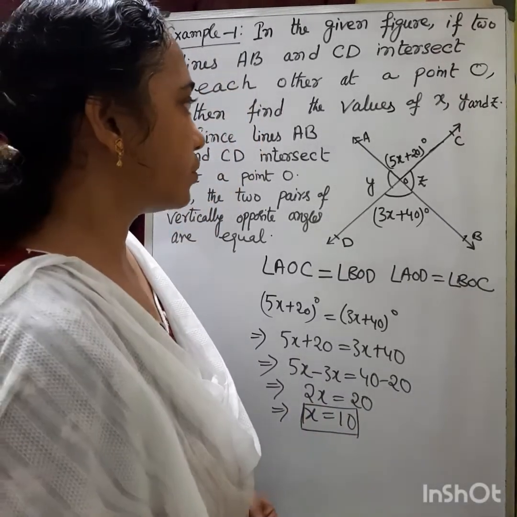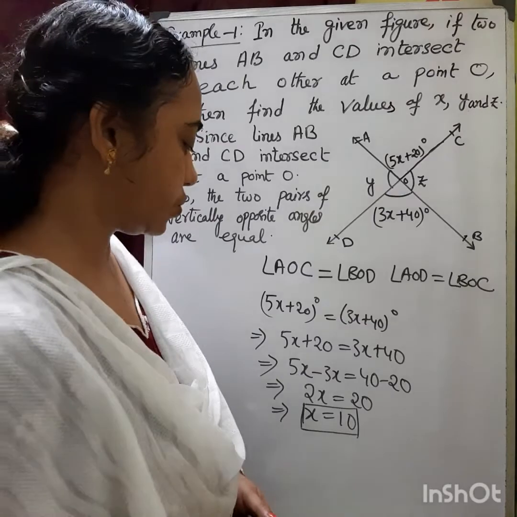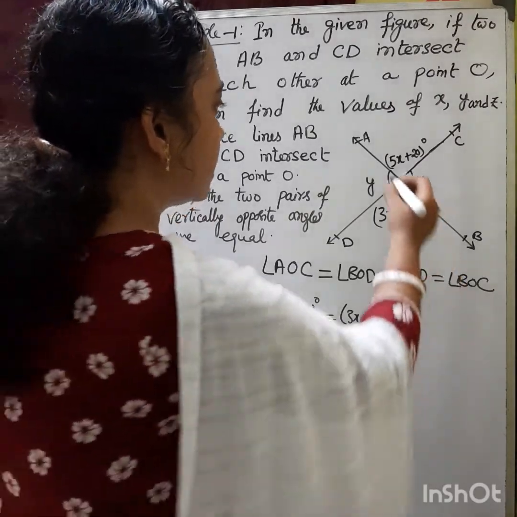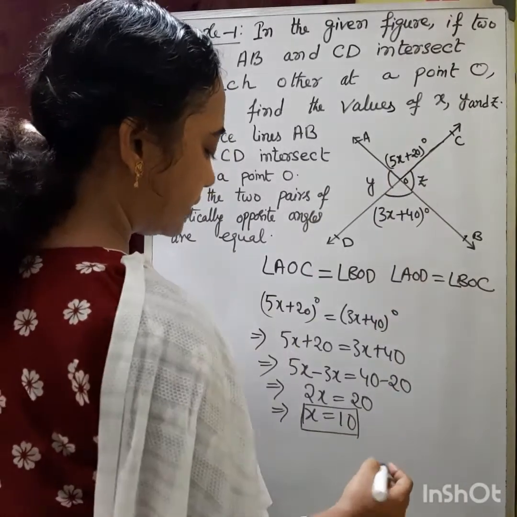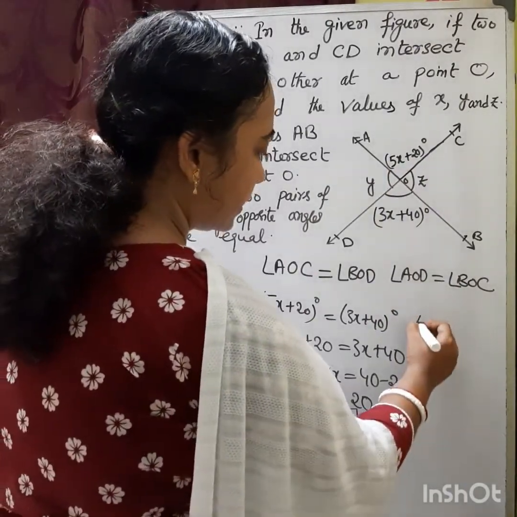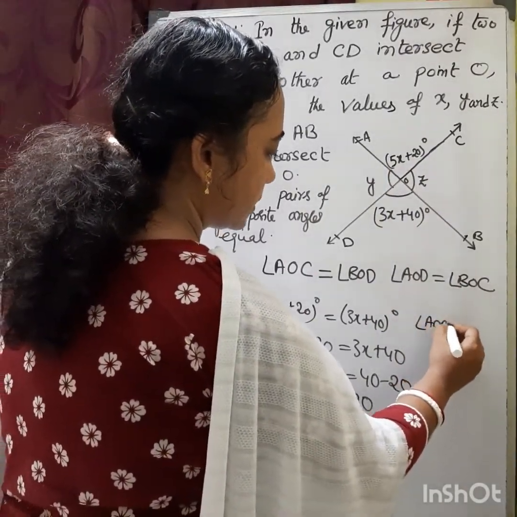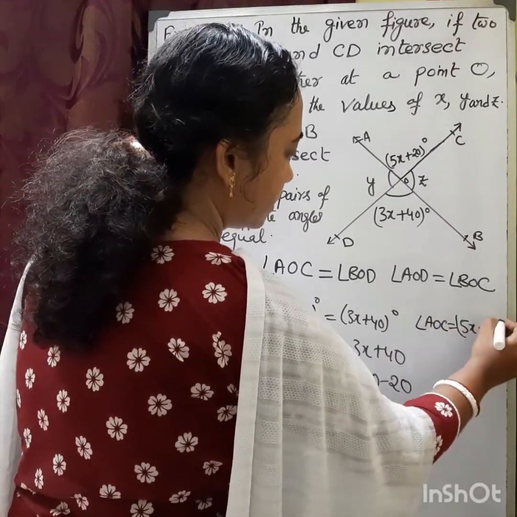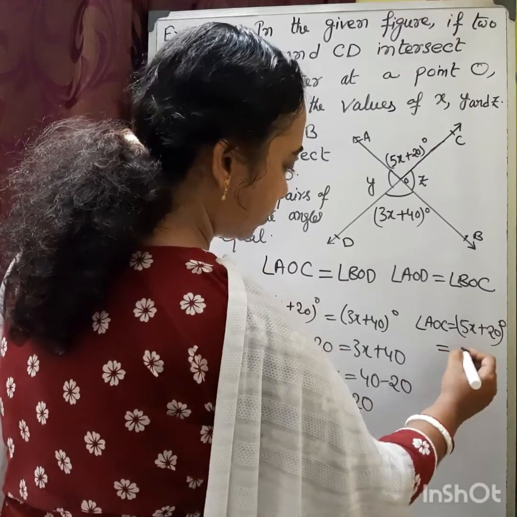Now we have to find out the value of y and z also. If we put the value of x in angle AOC, that is angle AOC is equal to 5x plus 20 whole degree, in place of x we put the value of 10.